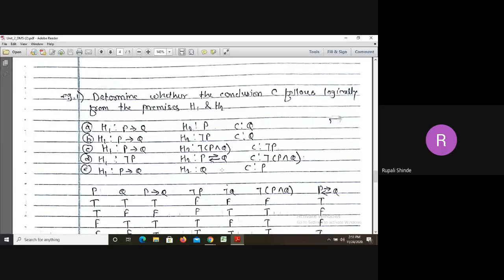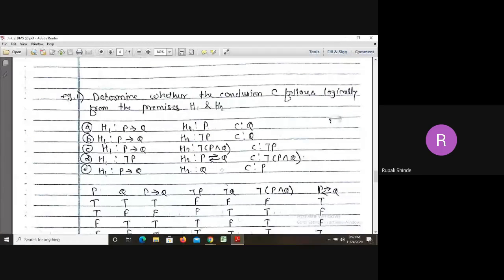Here, conclusion C is a valid conclusion for the given premises because in the last column we are getting all values as T only. Check here. This is the correct answer.